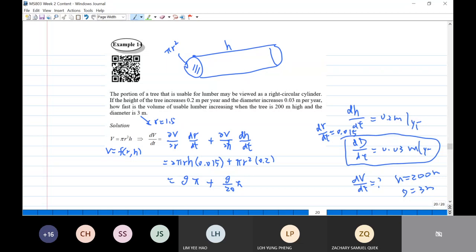Okay, so convert to decimal point. 29.68 now. So this is meter cube per year.